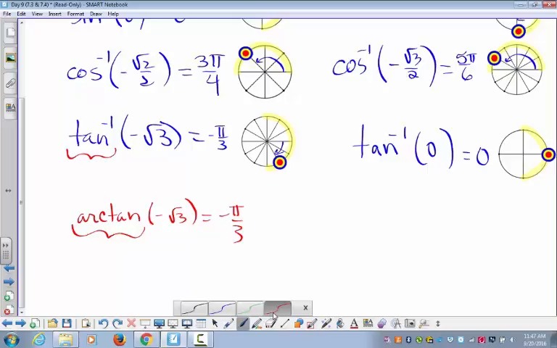Arctan just means inverse tangent. If you hear somebody say arc sine, it just means inverse sine. Sometimes you'll hear that. So just be aware of that. No big deal.